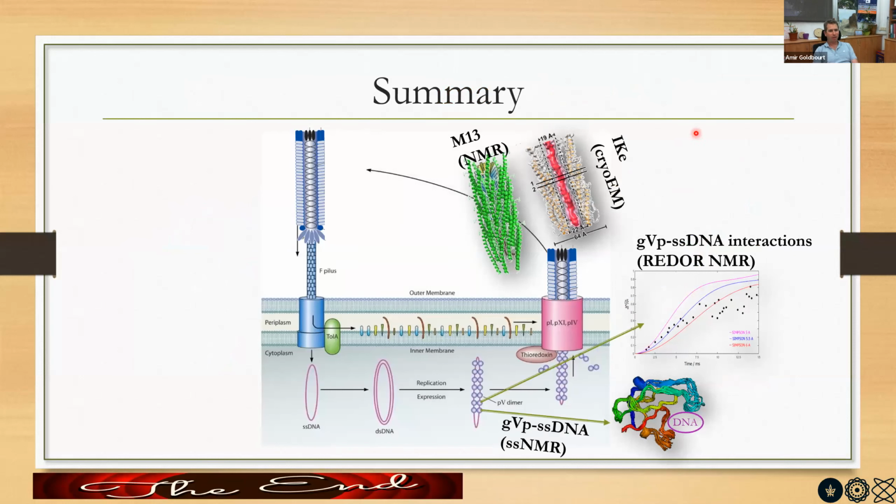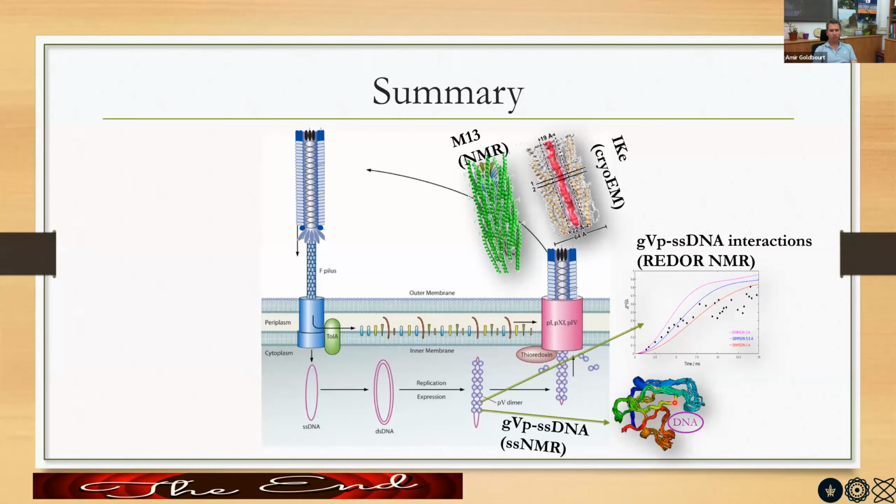And if I just summarize, then I showed you that we calculated the structure of these intact phages, M13 and IKE. Currently, we're working on refining the IKE structure with our solid state NMR data, hoping to get a better defined structure, also of the N-terminus part.